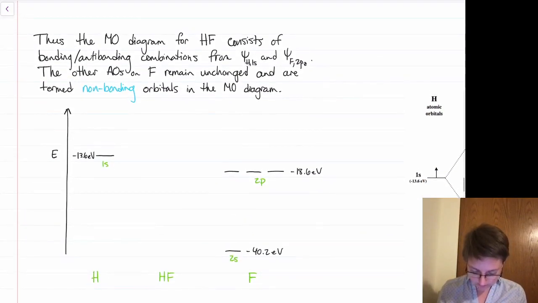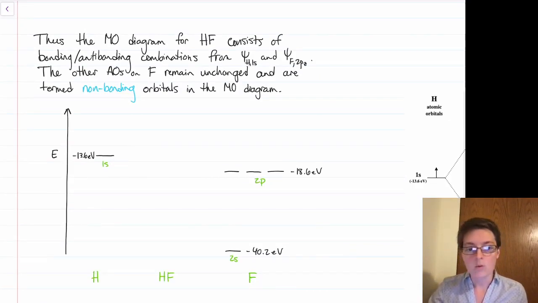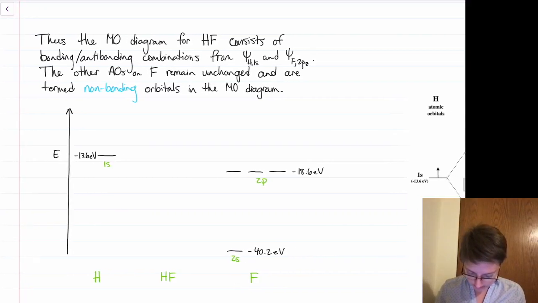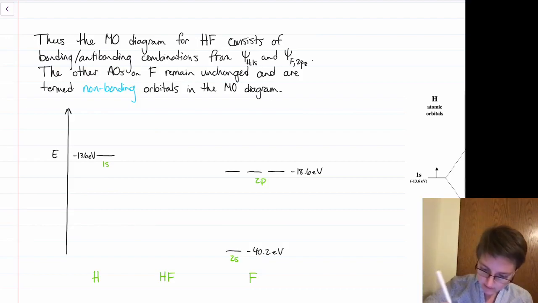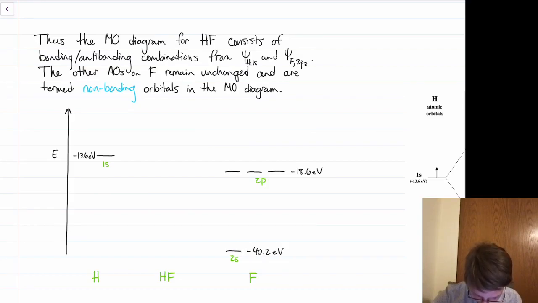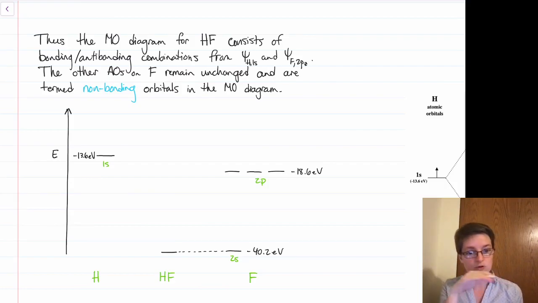Any orbitals on fluorine that don't combine with the 1s orbital on hydrogen, we will leave alone and treat as so-called non-bonding orbitals. I've only drawn the valence electrons in my diagram, which is pretty typical since the core electrons don't contribute to bonding. They just hang out by themselves. Our 2s orbital on fluorine, since it is not going to combine with the 1s orbital on hydrogen, we're just going to drag into our MO diagram. It doesn't disappear.